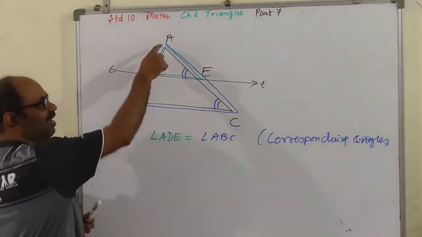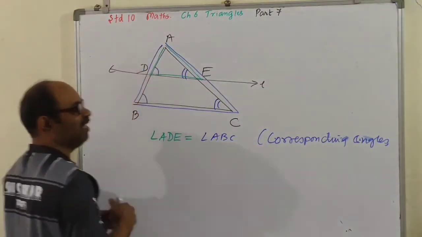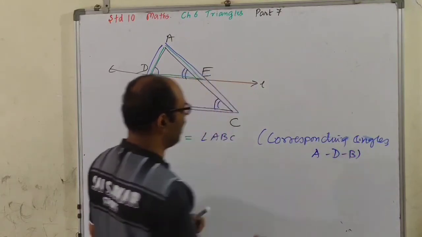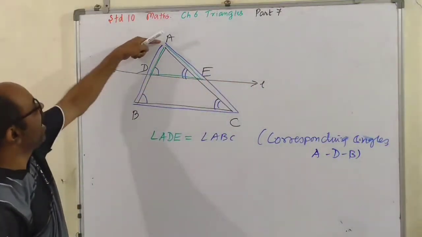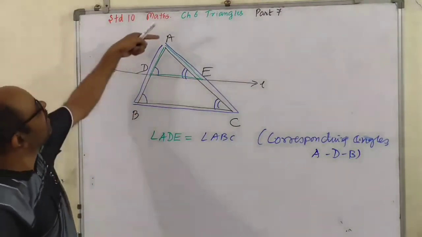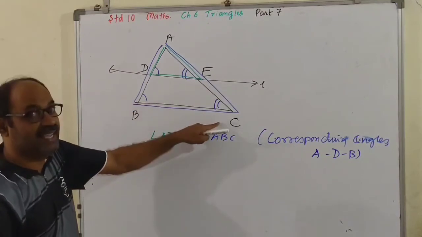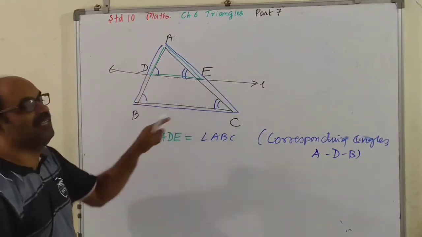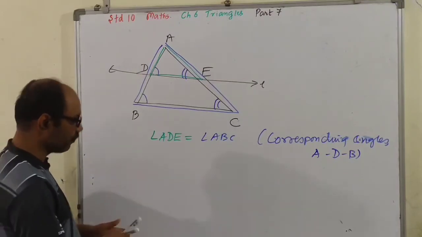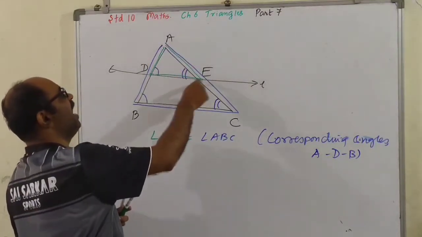But what is the reason? A-D-B. So I am writing that also: A-D-B. Because we have used angle ADE, the green one, that is okay. But angle ABC we have written for angle DBC because of betweenness. Same way, here, which angle?